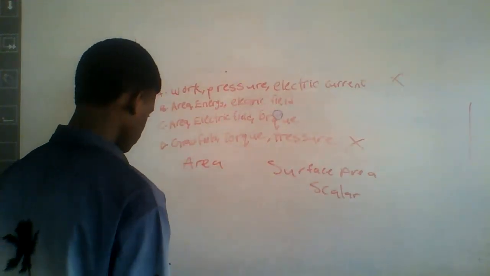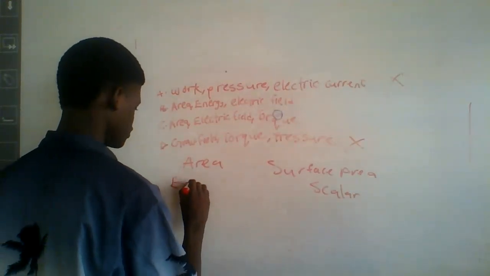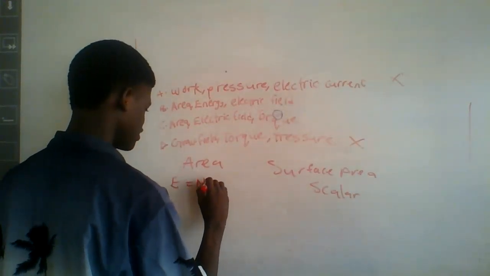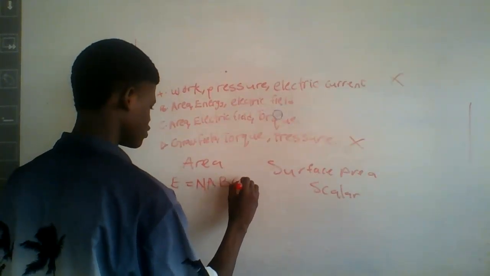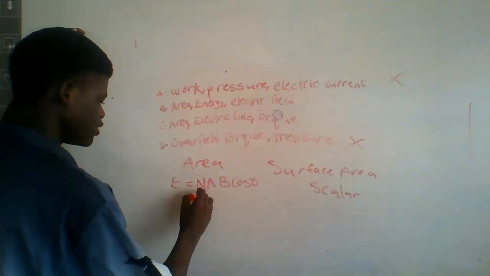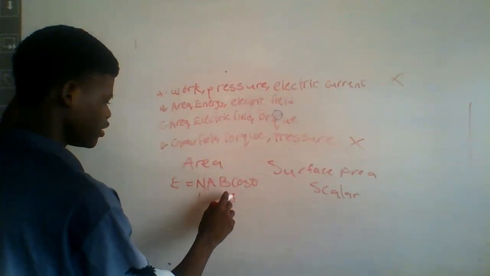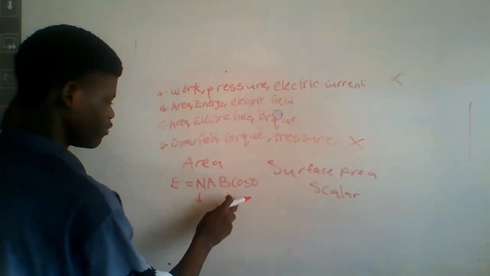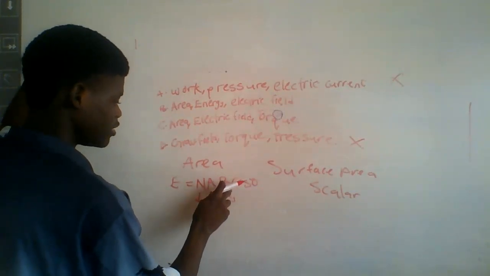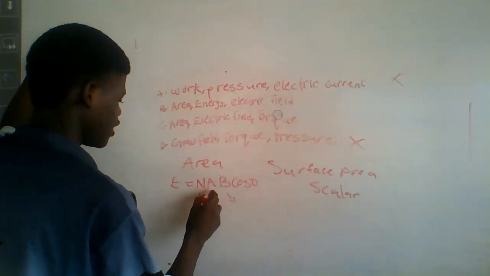Remember this formula, N B A cos theta, something like that, in electric and magnetic fields. N is the number of turns, B is the magnitude of the magnetic field intensity, the flux density, and A is the area.